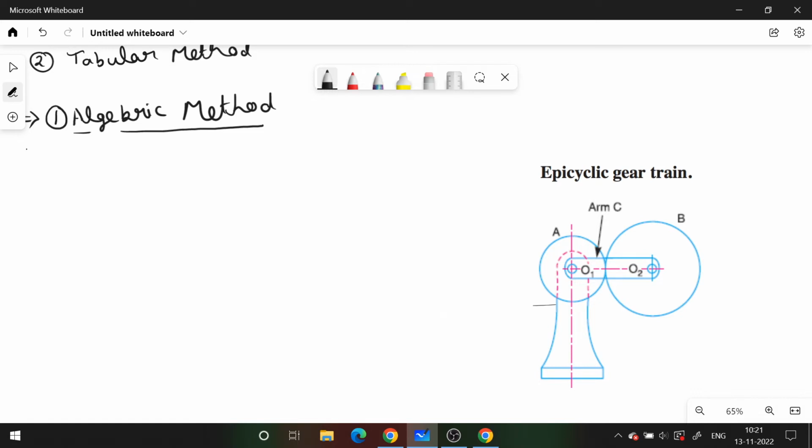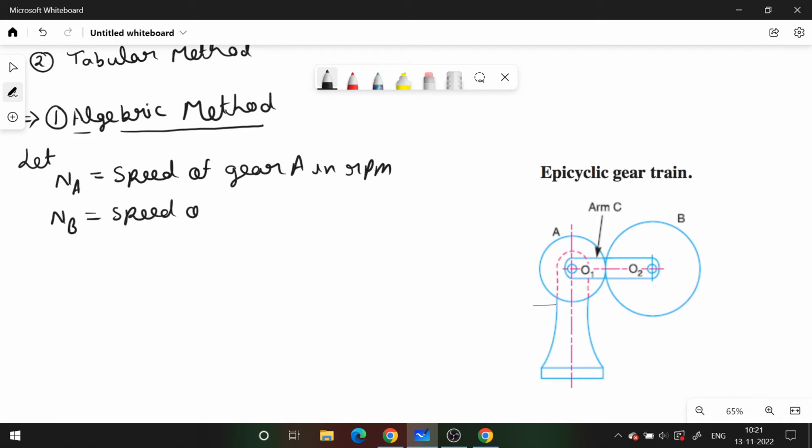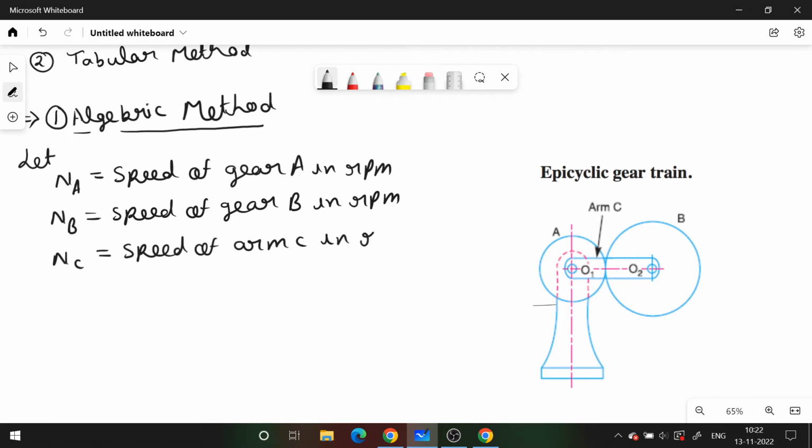Let NA be the speed of gear A in RPM, NB the speed of gear B in RPM, and NC the speed of arm C in RPM.